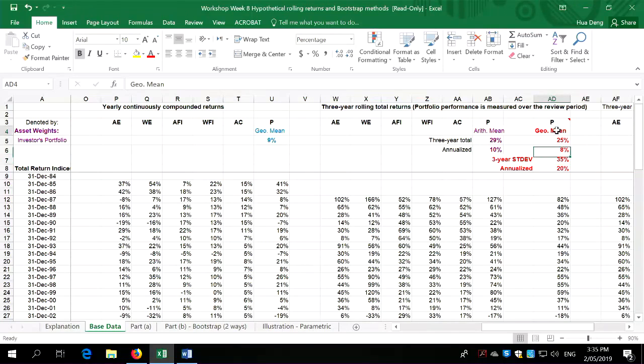So these highlighted numbers are the correct or appropriate portfolio measures you are expected to generate for your client. Not the returns based on yearly returns, not the standard deviation or probability of loss based on yearly returns.